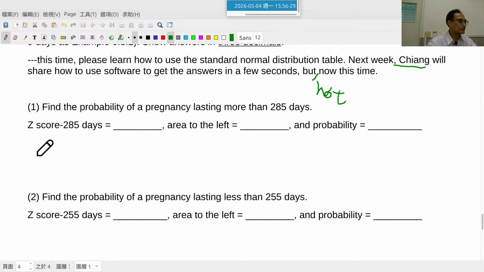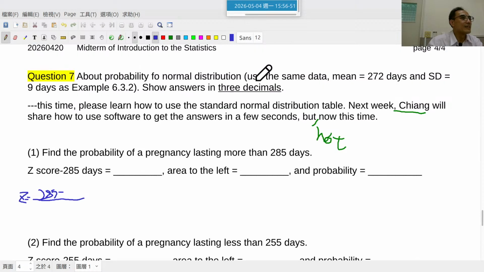Do you remember the definition of the z-score? Okay, I use the blue one. The z-score equals x, which now is 285, minus the mean. The mean is 270 and the standard deviation is 9.